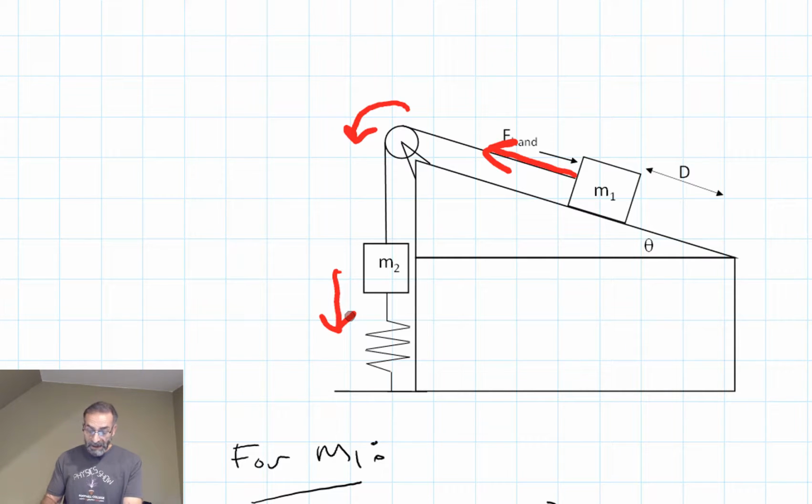So if I pick counterclockwise or out of the page as my positive direction for rotation for the pulley, and if I pick down as my positive direction for M2, then they match the positive direction for M1. When M1 goes in the positive direction, everything else has to go in the positive direction for the accelerations to be the same.